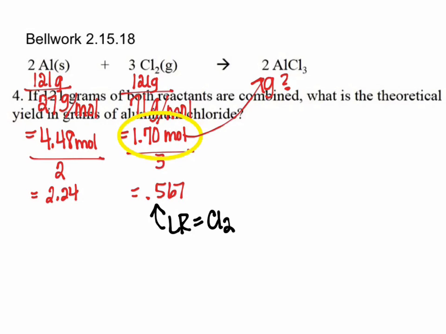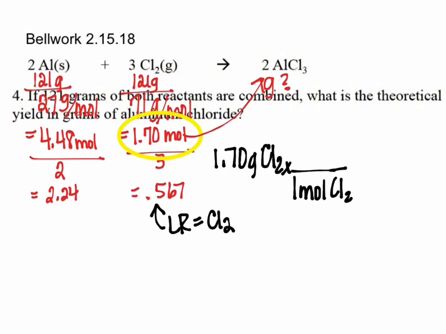So now I have 1.70 moles of Cl2. For every 3 moles of Cl2, there are 2 moles of AlCl3.